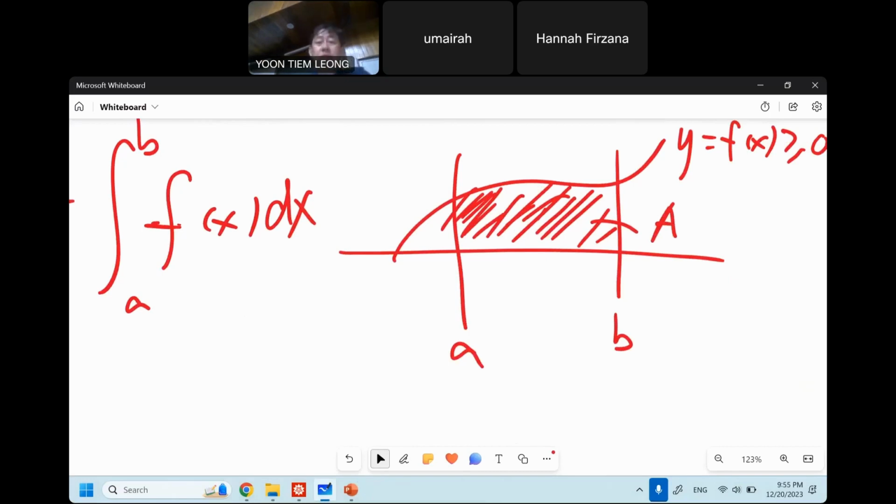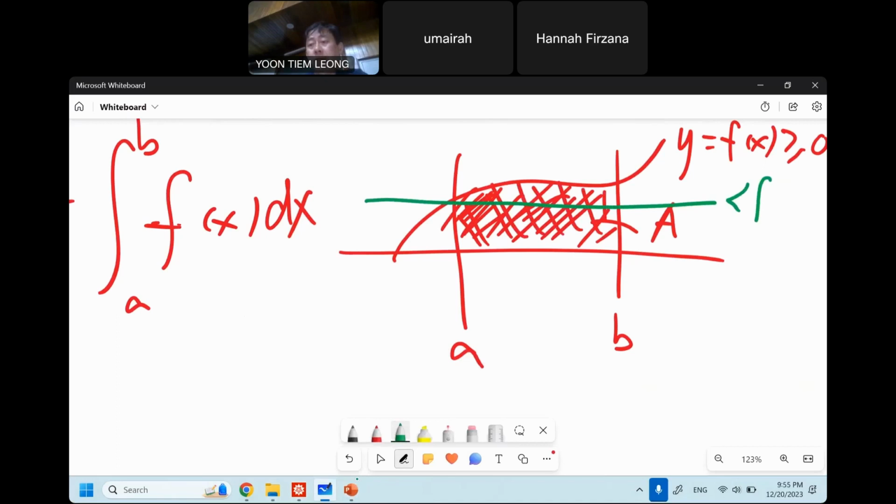Now, imagine the area is a positive number, then it is possible to find another value, say f in pointed brackets.